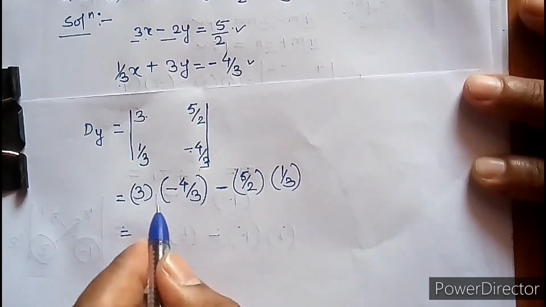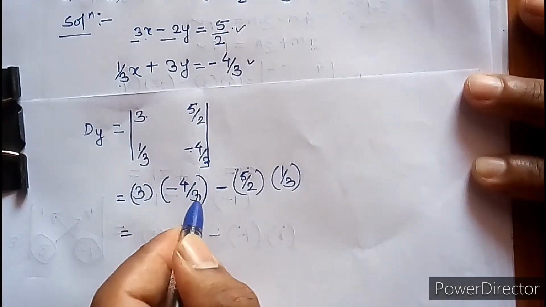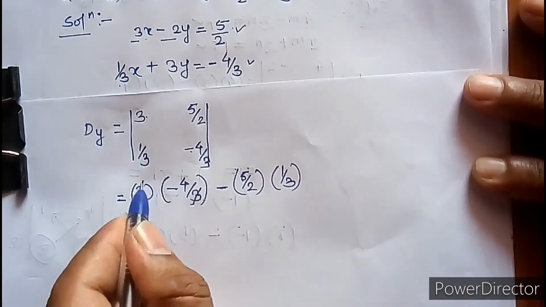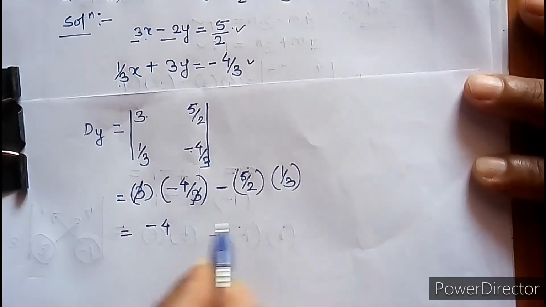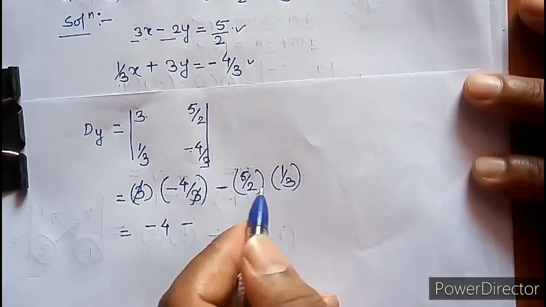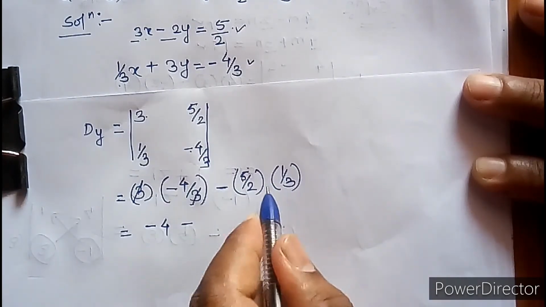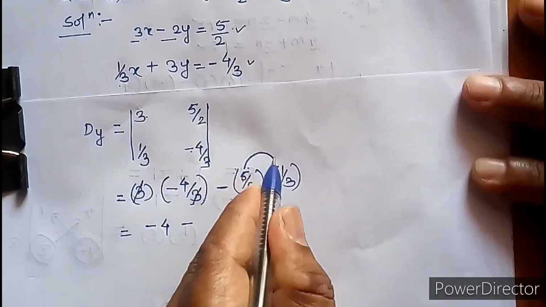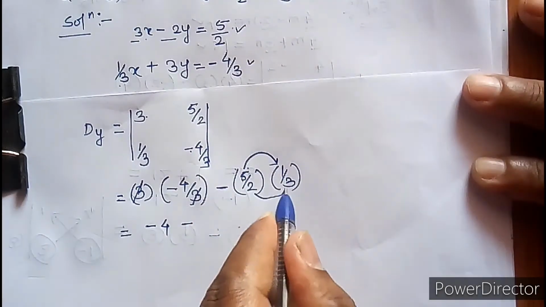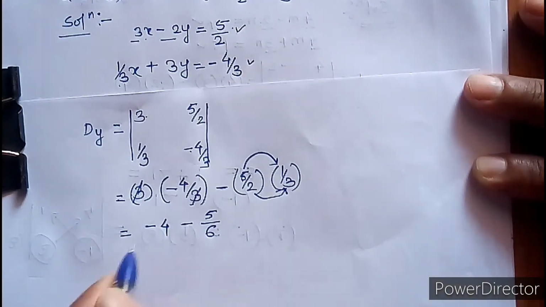Now here what we get, that is 3 into 3 and 3 get cancelled because this is in numerator and this is in denominator. What we get here minus 4. Now minus as it is, therefore here 5 by 2 into 1 by 3, it is a simple multiplication of fraction, that is numerator will be multiplied with numerator and denominator, 5 into 1, that is 5 divided by 6.